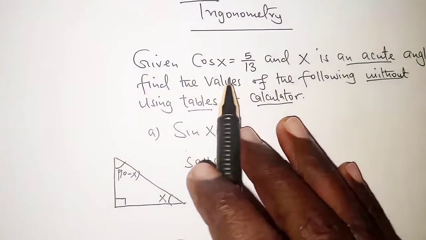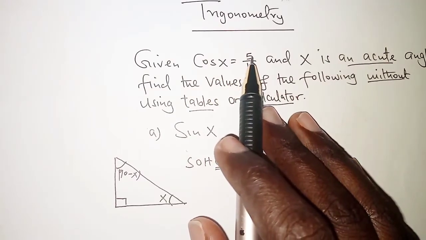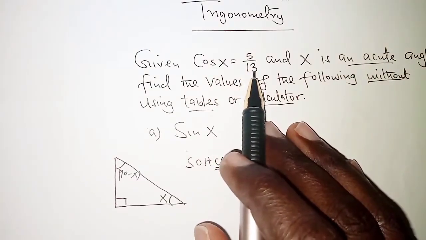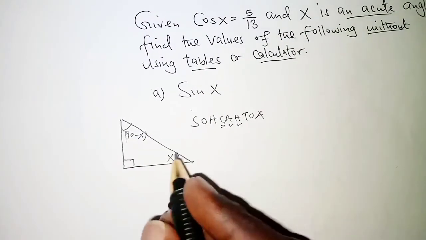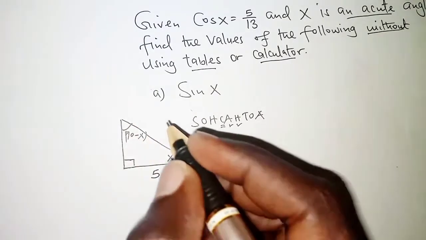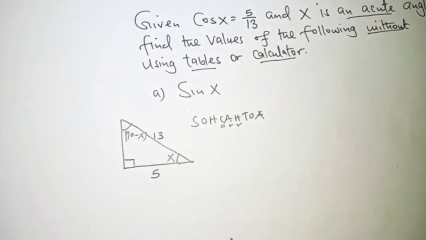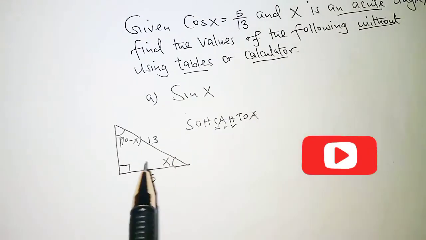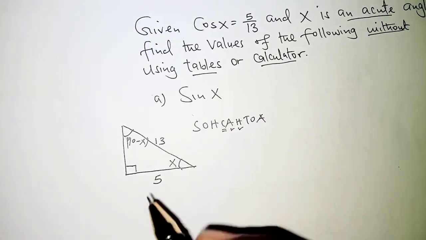So with this ratio that you are given, if 5 is adjacent and 13 is hypotenuse, so with respect to angle x, adjacent is this side, which we now know is 5, and hypotenuse will always remain the hypotenuse, the longer side, that is 13. And then we can also determine the size of this other side by using Pythagoras theorem.